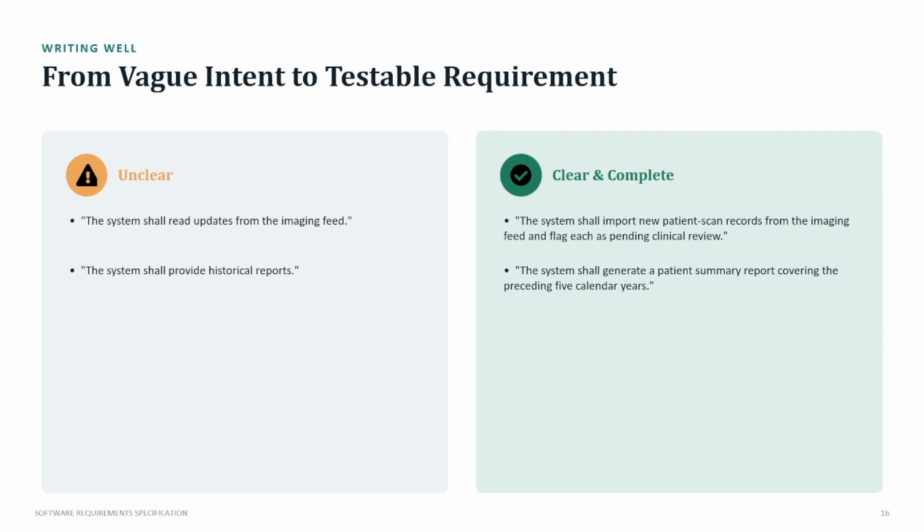What kind of historical report? What historicals? How many? Now see the clear one: the system shall input new patient scan records from the imaging feed and flag each as pending clinical review. The system shall generate a patient summary report covering the preceding five calendar years. Now it is clear and complete. Did you understand the difference?